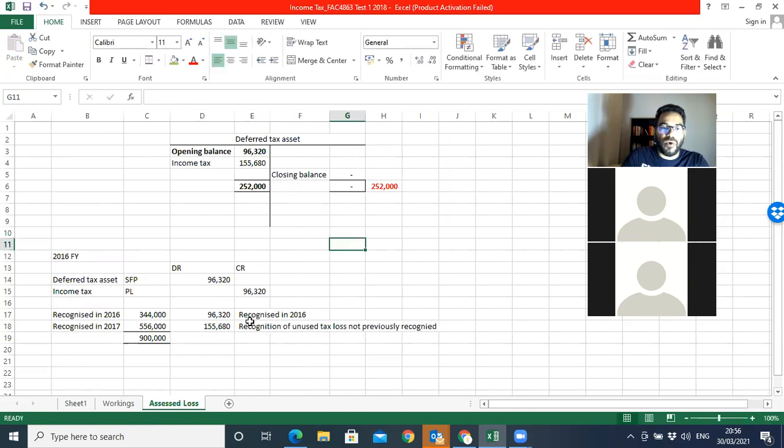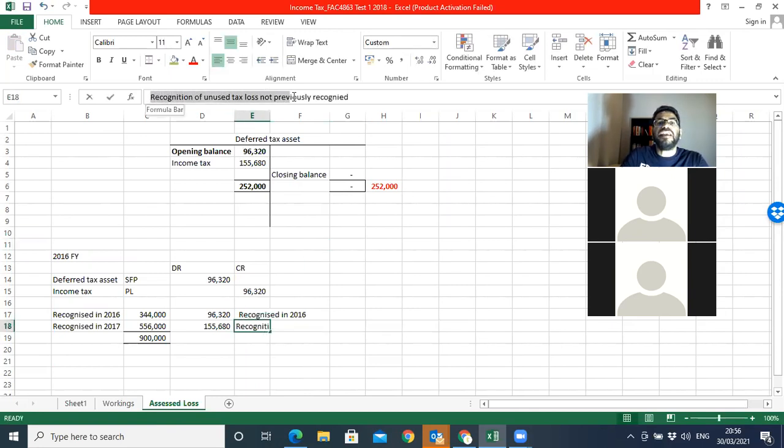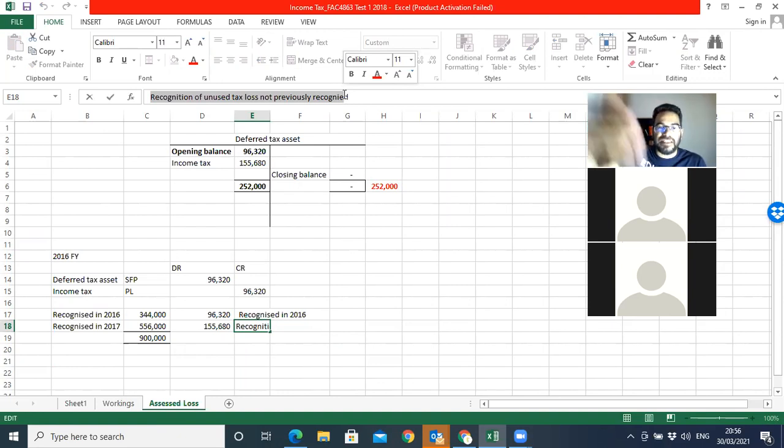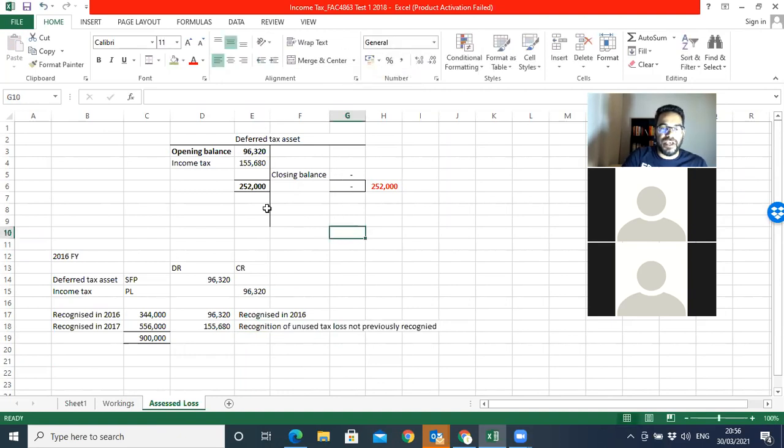Okay, so that's what they call it, recognition of unused tax loss not previously recognized. Previously, you could have recognized 900. What did you recognize? Only 344. So this year, you are recognizing the portion you did not recognize previously. That's what we are doing over here.